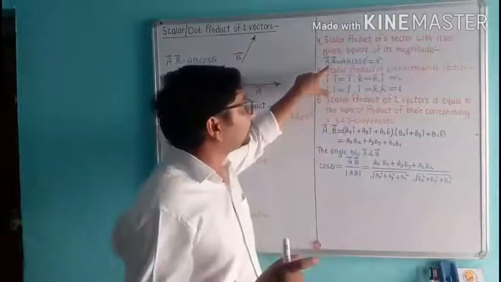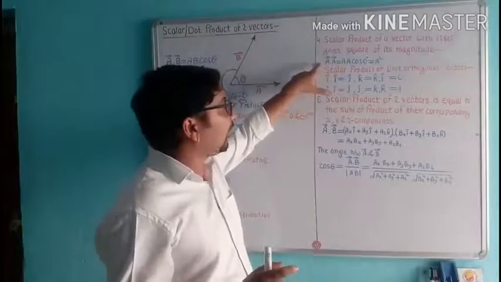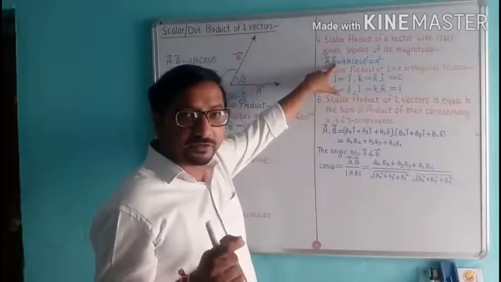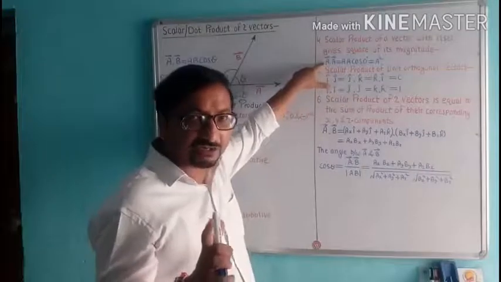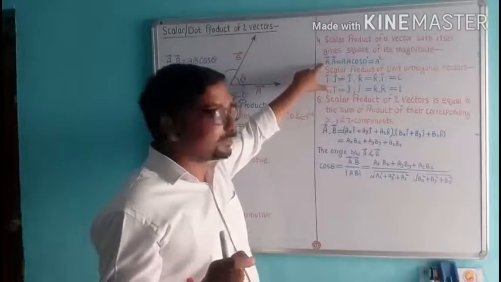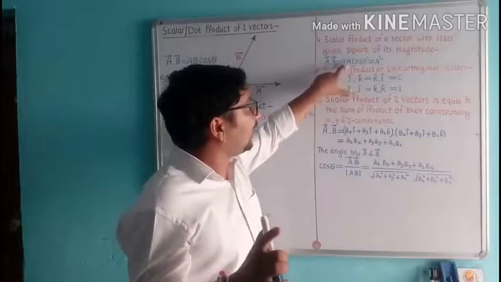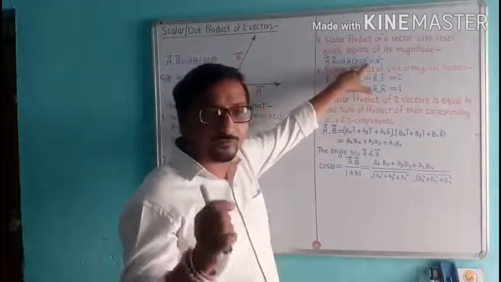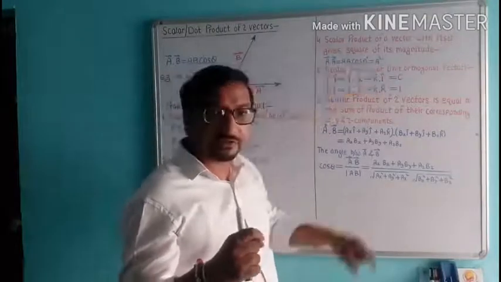If we do the dot product of vector A with itself, both vectors will be in the same direction, so the angle between A and A will be 0. A cos 0, and the value of cos 0 degrees is equal to 1, that is A square.